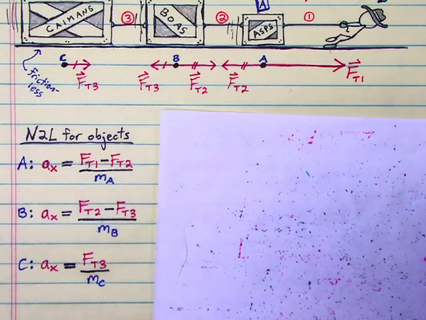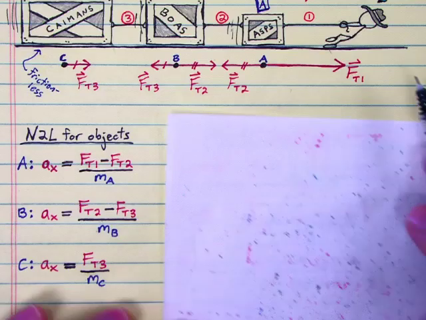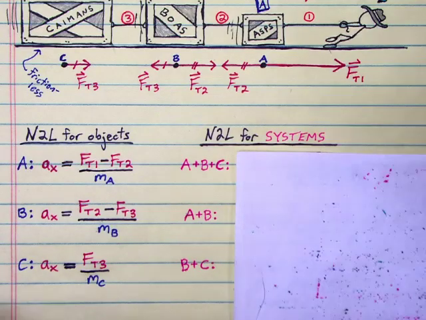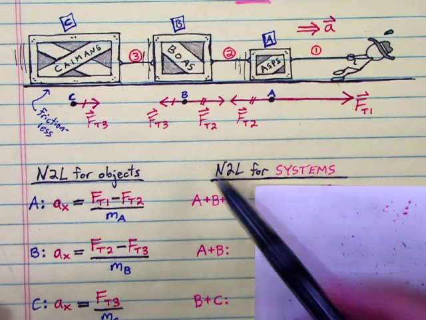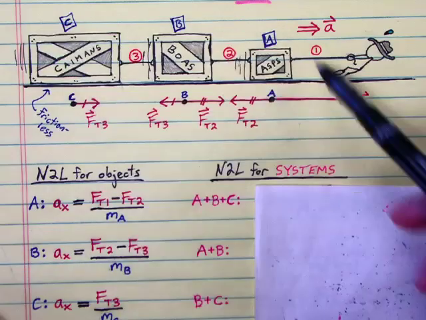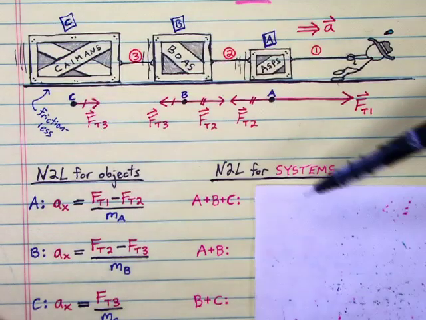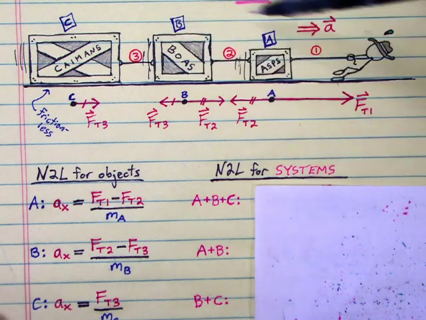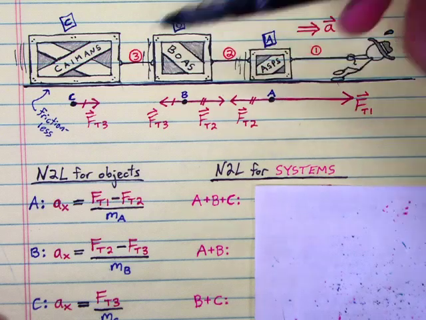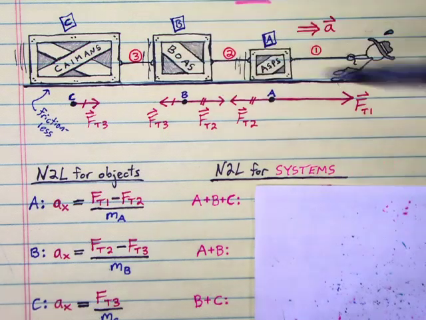I would like you now to pause the video and write out Newton's second law for a few different choices of systems here. What if we choose A plus B plus C, all of that to be inside our system? What would N2L for that system look like? Or instead, if we just put A and B in our system, what would N2L for that look like? What would be the external forces?